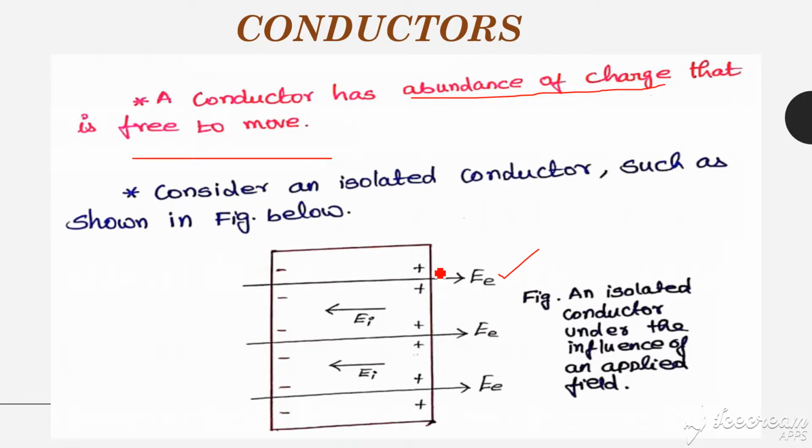Along the applied field we have the positive charge on one side, and on the other side we have negative charges. Due to these two charges, positive and negative, internally some field is generated that is considered as EI. This EI value is equal to EE, just opposite. So EE and EI cancel. So inside the conductor the electric field E value is 0.